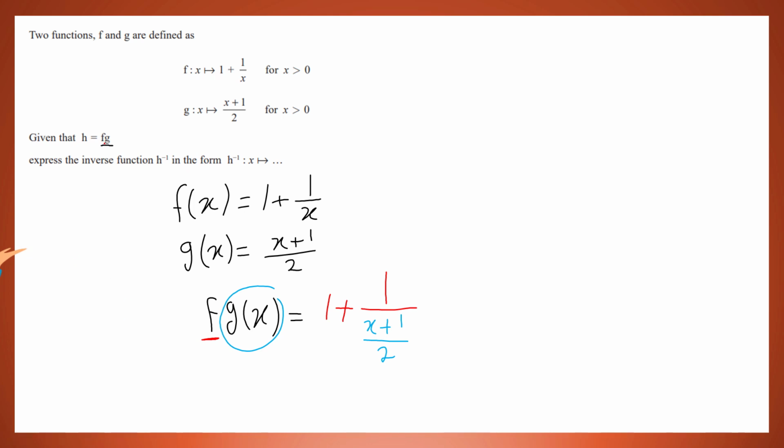First, we need to find the fg of x, and then we'll do the composition. In math, whenever I have a denominator of a denominator, this 2 will be up there, so it will be 2 over x plus 1. So we need to simplify this one as much as we can.